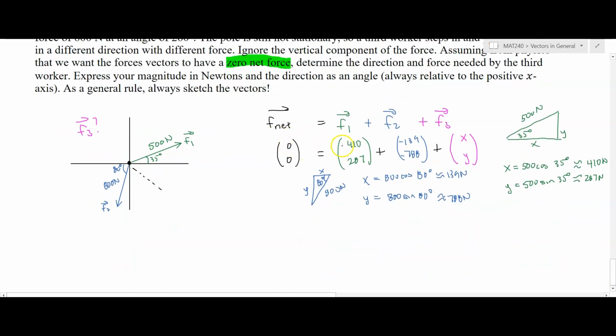It is the case that 410 minus 139 plus x has to equal 0. So 0 equals 410 minus 139 plus x, and 0 equals 287 minus 788 plus y.